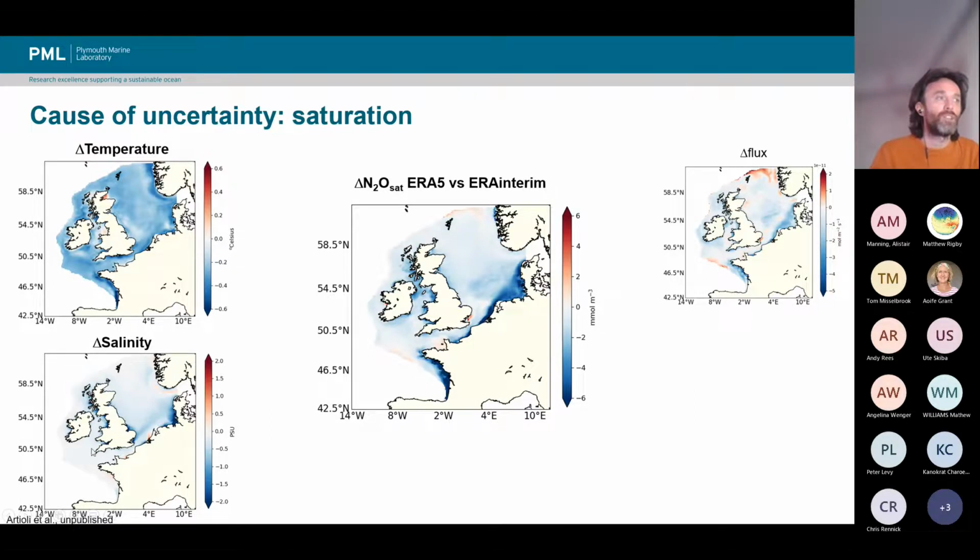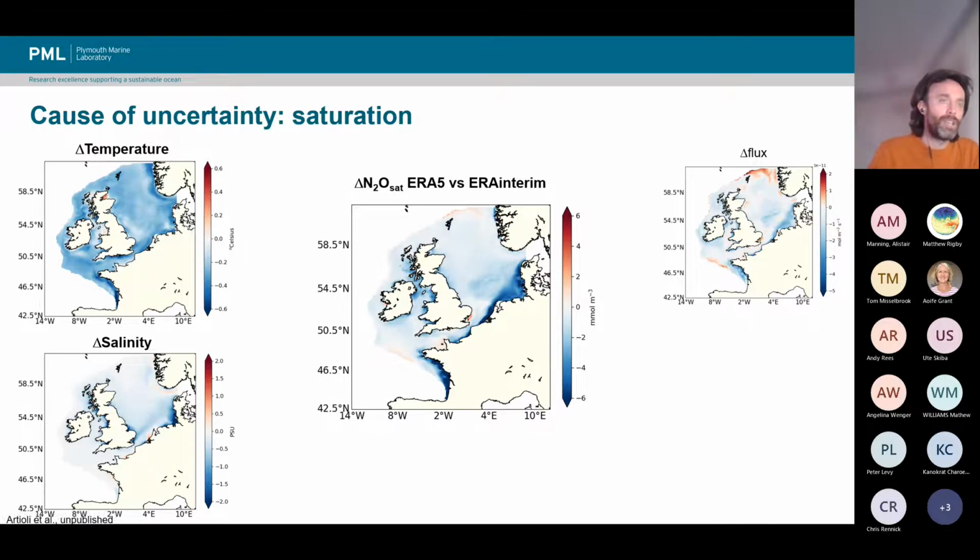Part of this freshness is due to the fact that we're using a different river forcing, so there is more freshwater discharge.